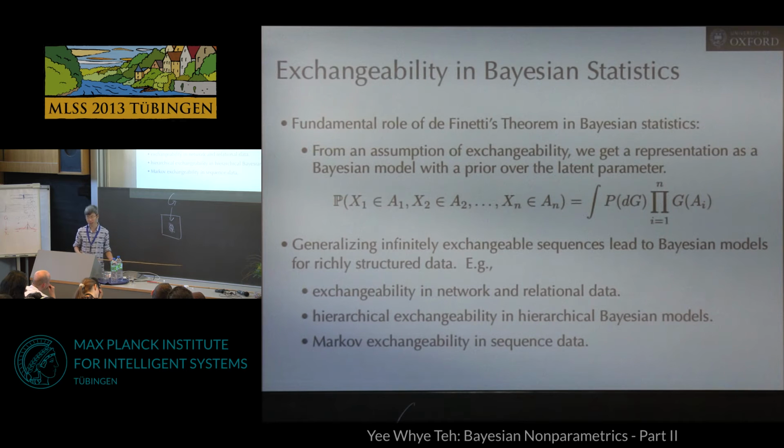And just from that assumption, what we get from de Finetti's theorem is that we should be modeling our data set using a hierarchical Bayesian model where we have some latent variable G that captures all the structure in our data, and conditioned on G, the data set is going to be IID.